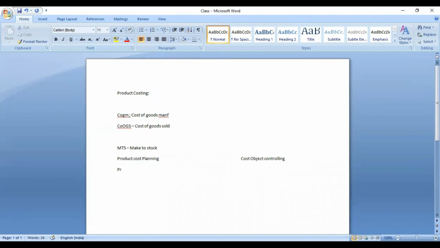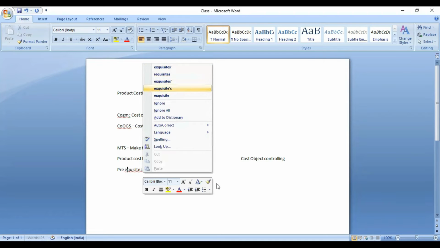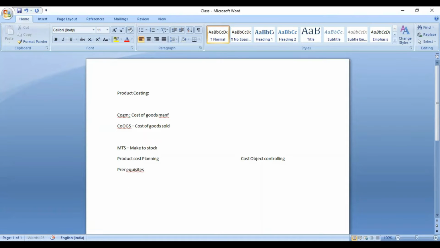These are the prerequisites for standard cost, meaning whatever configuration is required for this product costing: the costing sheet and the cost component structure.